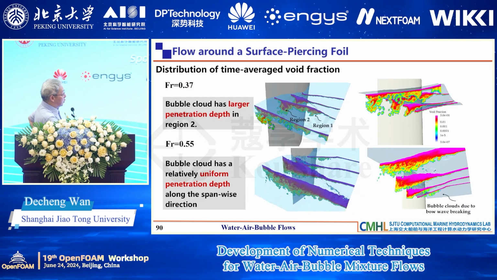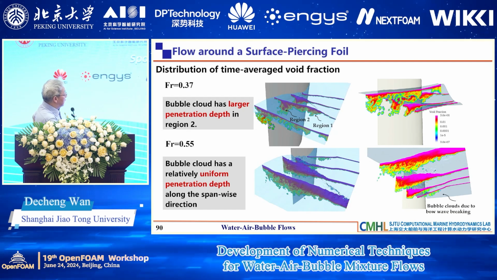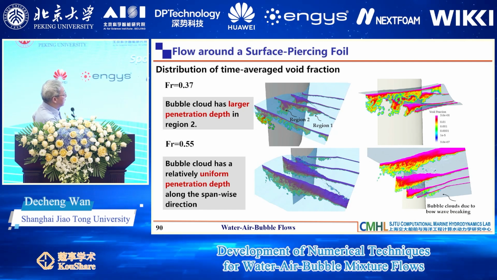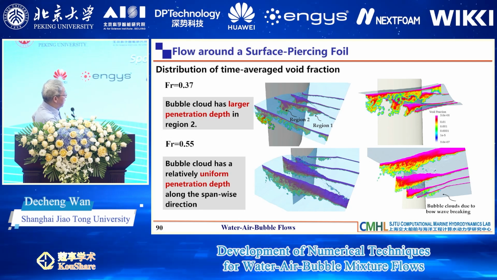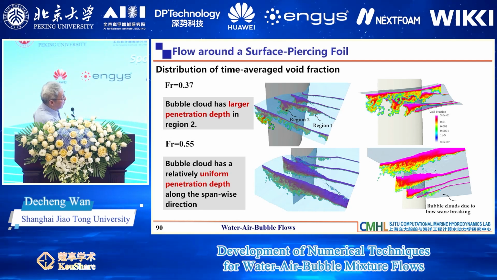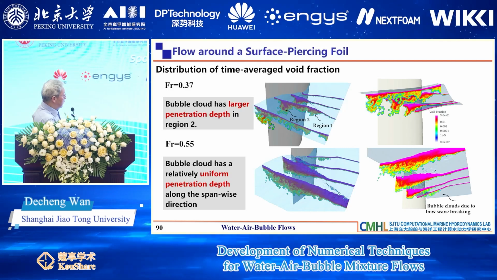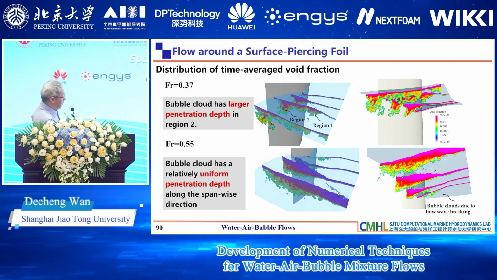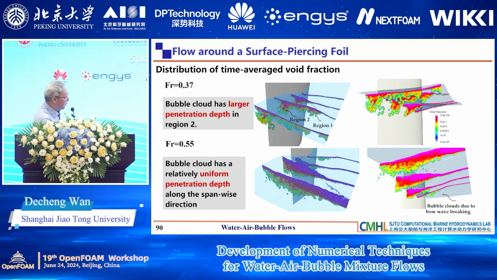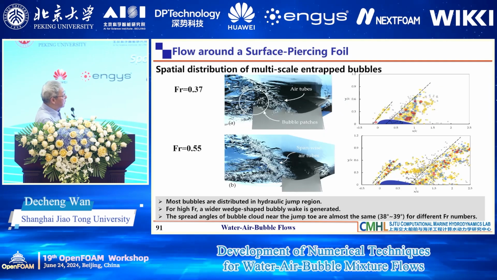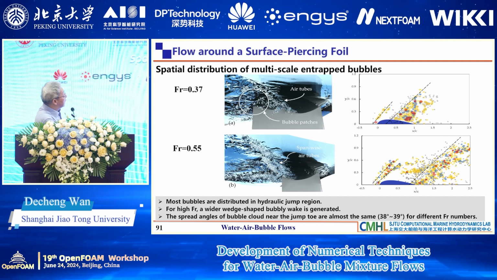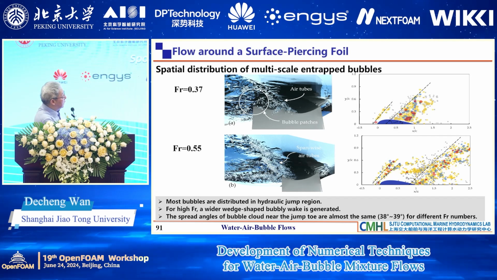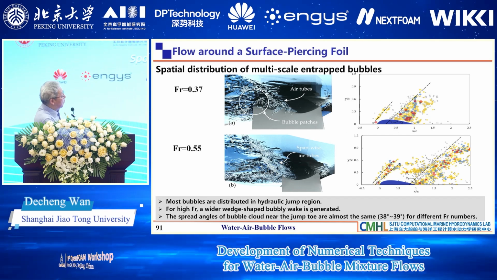You can see, I just show you some of the typical instantaneous phenomena. So the bubble cloud has a larger penetration depth into this region. You can see that always, and then the bubble is unified. You can see that you can get a similar span-wise direction. And also you can see how the air is injected into the water and then gets the bubble patch.